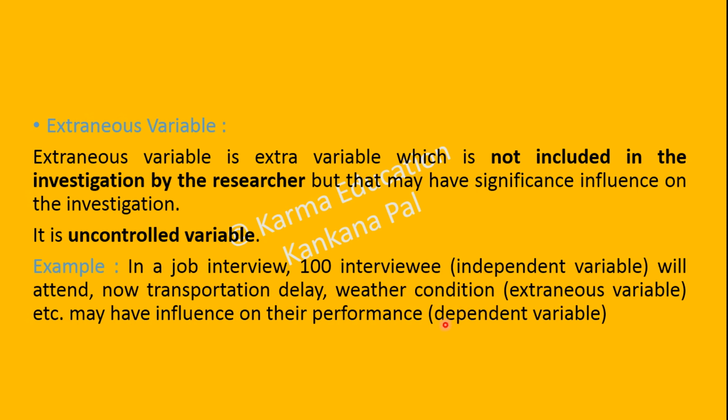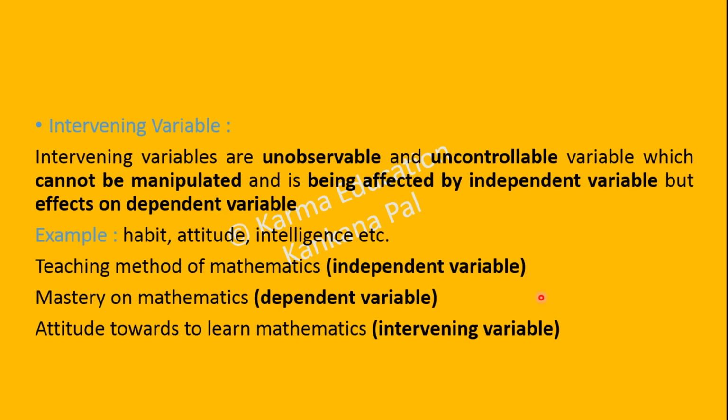And the transportation delay, weather condition, these are extraneous variables which are not included in the investigation process by the researcher, and these are not controlled variables, which are beyond the control of researcher. So these are the extraneous variables, right?